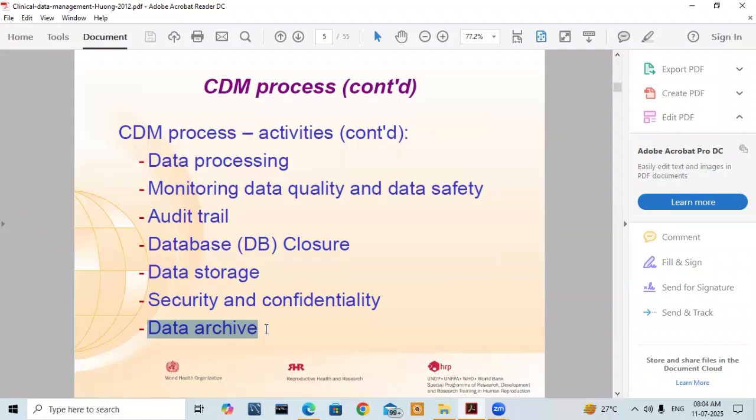So you are backing up the data in the form of a zip file. There is a backup process regularly, automatically. The database will do the backup. I mean to say the CDM will design an automated process where the data is regularly backed up from time to time, weekly, monthly, right? The data will be backed up in a secure location. So that is nothing but data archive.